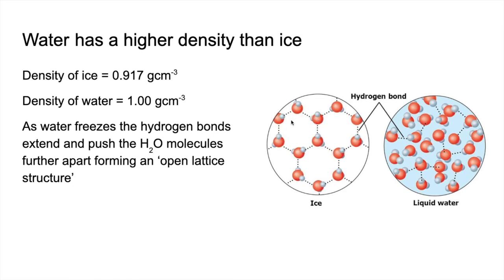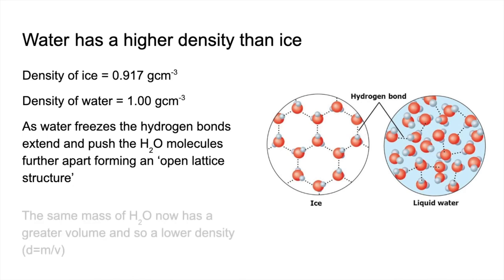And what that does is it gives the same mass of water, when it freezes, a higher volume because the molecules are further apart. So if you think about how density is calculated, mass divided by volume, if you've got the same mass of H2O and you freeze it, it's going to have a higher volume, so when you divide by that greater volume, the density goes down.